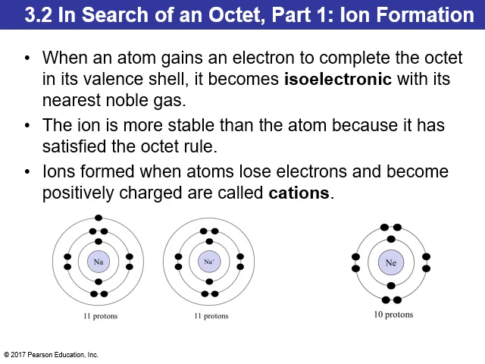So we can use another example, sodium. Sodium's on the opposite end of the periodic table of the elements from fluorine. So sodium's in group 1 of the periodic table, and it has a single electron in its outer valence shell. Now it would be very difficult for it to totally fill that shell. It would have to gain 7 new electrons. That would just be taking on an enormous amount of charge. It doesn't have nearly enough protons in its nucleus to attract 7 additional electrons.